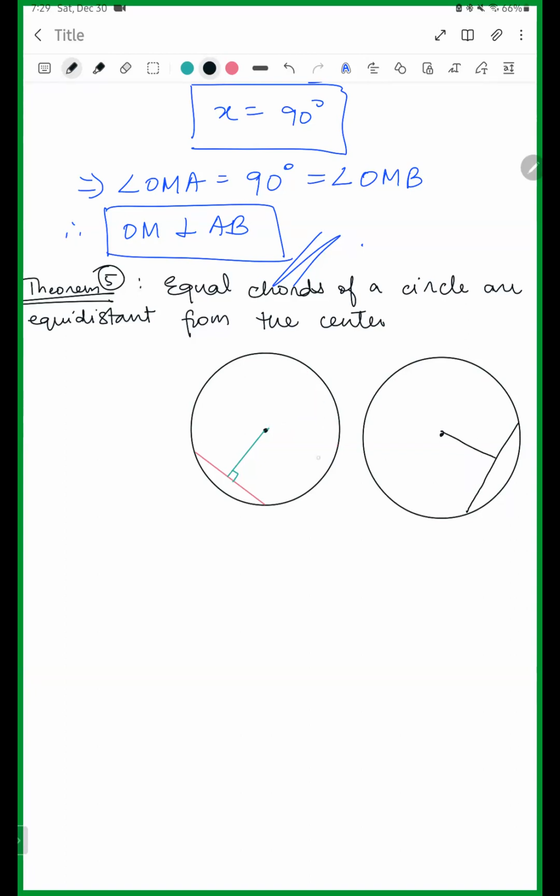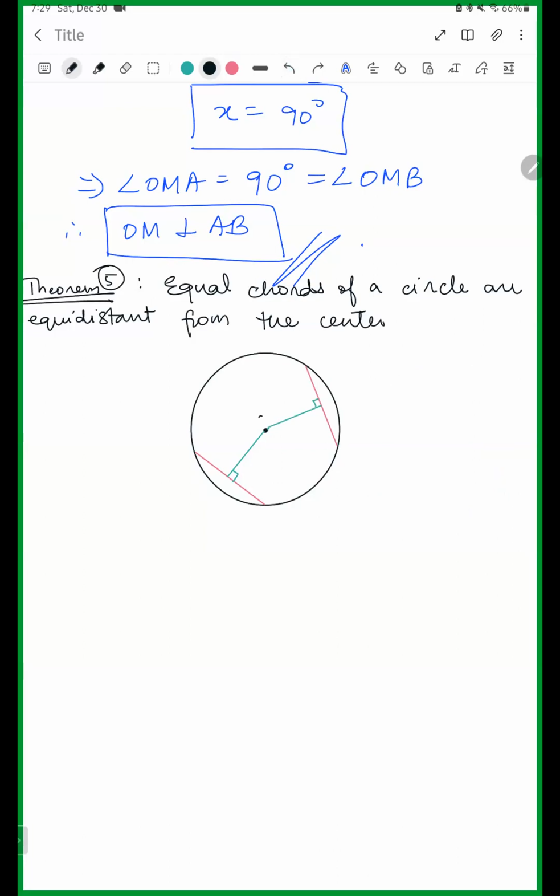Then this distance, let's call it OM, and this distance ON are going to be equal if these two chords AB and CD are equal. That is for two congruent circles. It doesn't have to be the same circle, it can be two different circles, but they have to be congruent circles only. Anyway, let's get on with the proof.